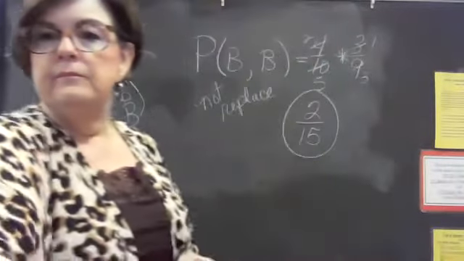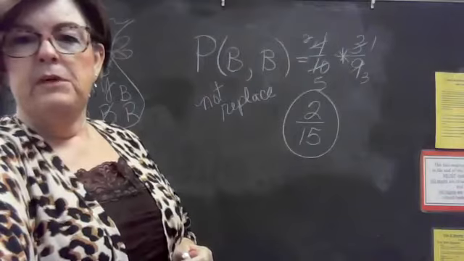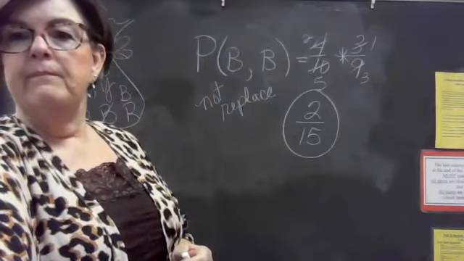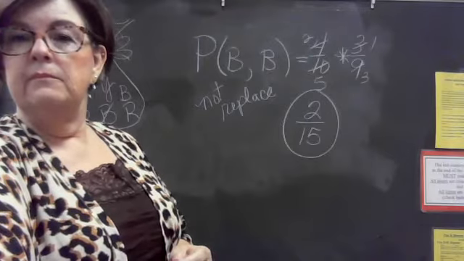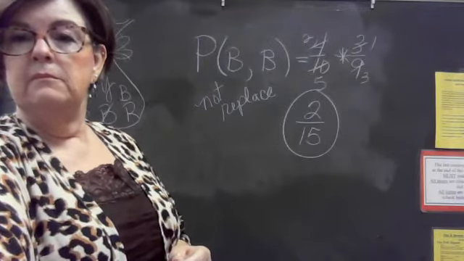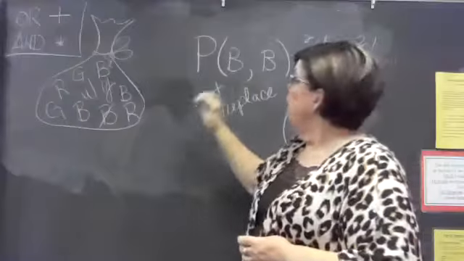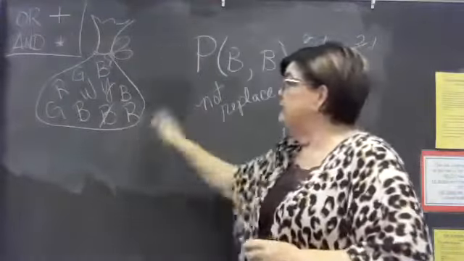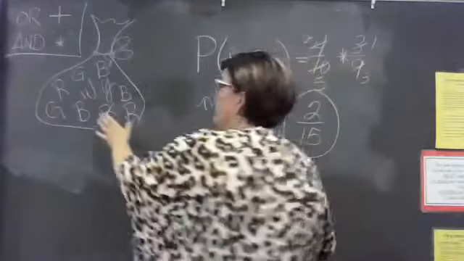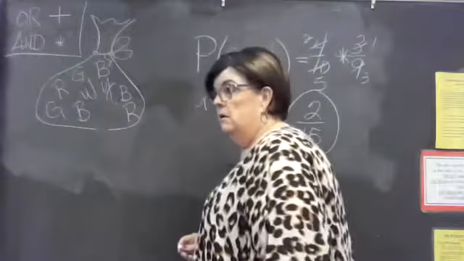I don't understand how you got the 3 over 9. Okay. The 3 over 9, when I was looking for the first one, I counted 1, 2, 3, 4 blues out of 10. But when I took that blue out, I didn't put it back in.